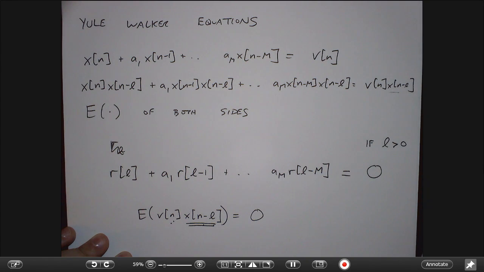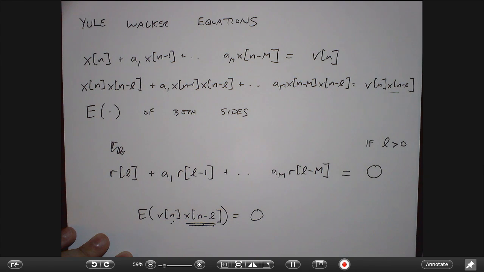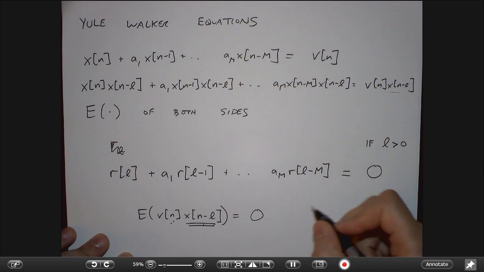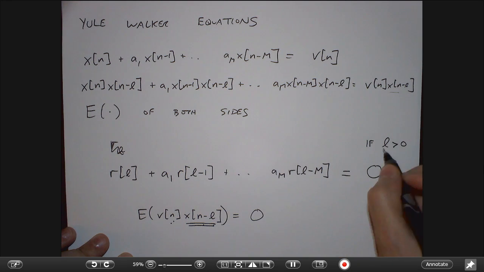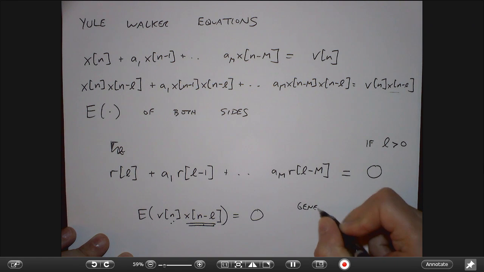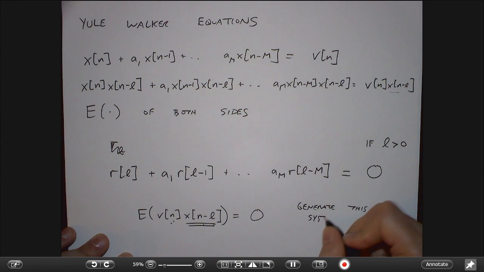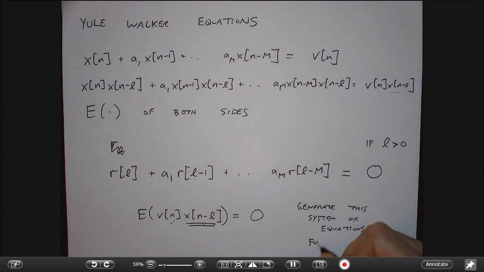And let's think about what would happen then if I decide on, again, this L was arbitrary, right? So what I'm going to do is now generate this system of equations for L equals 1 to M, right?